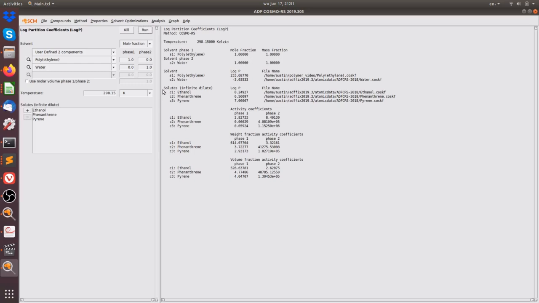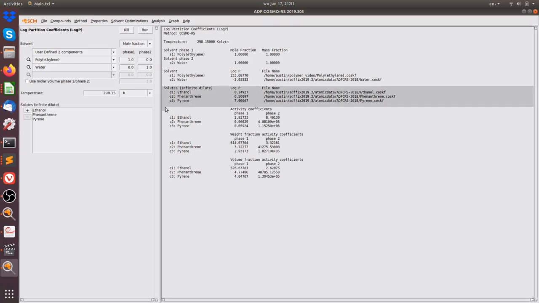We can run these calculations and the results are shown here. I think all of these values are slightly high, and the reason for that is that you need to correct for a degree of crystallinity that exists in polyethylene. So polyethylene is not entirely amorphous. There's some fraction of polyethylene that exists as a crystal.